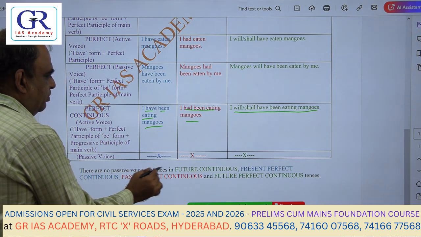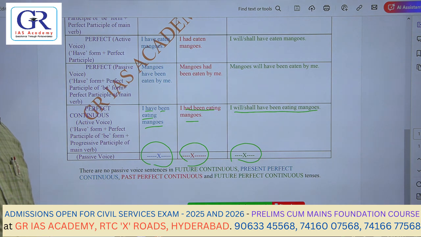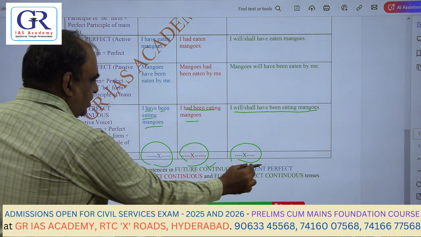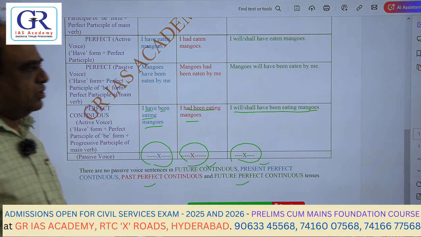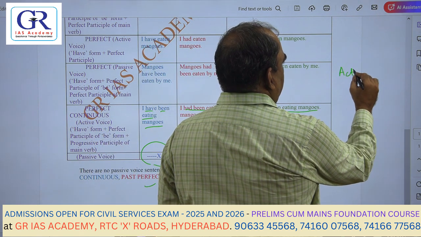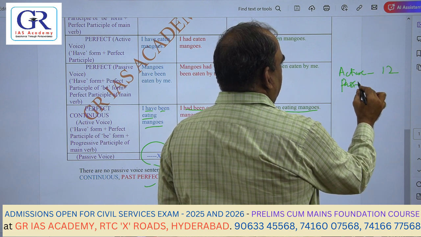And remember, in perfect continuous there is no passive voice. So no passive voice in future continuous, present perfect, past perfect, future perfect. So 4 are not there. So how many active tenses are there? 12. How many passive tenses are there?